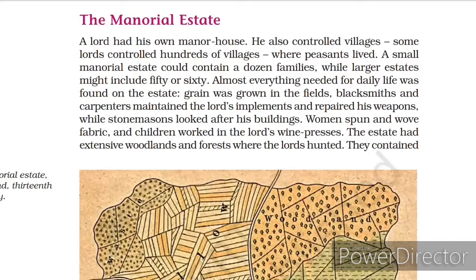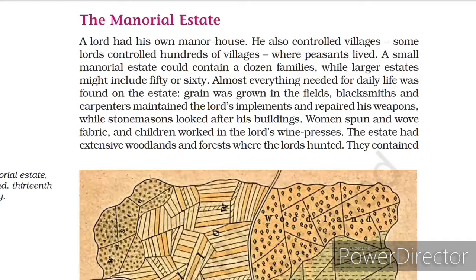He controlled not only one village, but lots of villages under him. Some lords controlled hundreds of villages, some more than that. Under these villages there were peasants who also lived.